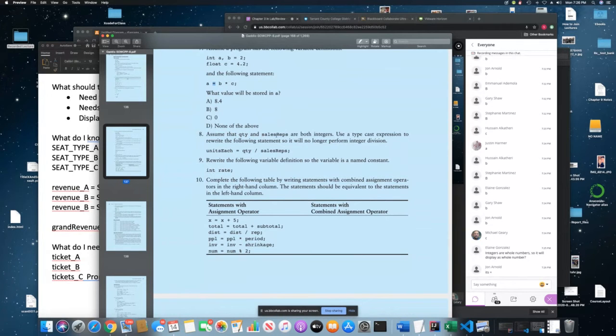Assuming that quantity and sales reps are both integers, use a typecast expression to rewrite the following statement so it will no longer perform integer division. So in the chat, start typing this up. Let's do it this way: how can you properly cast in C++ so it no longer does integer division?